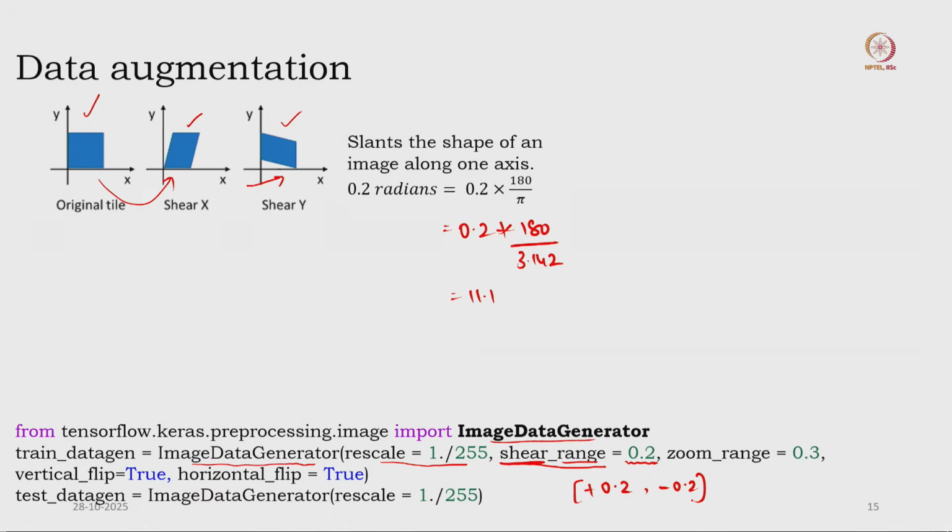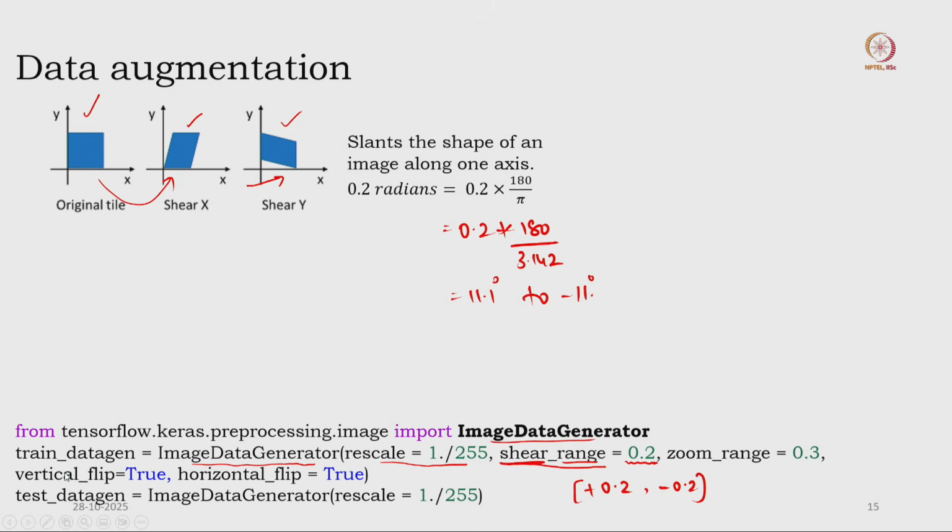So, you will be slanting from positive 11 degrees to negative 11 point something degrees. This is the degree with which we are going to slant the image. So, this is all about the shear range.